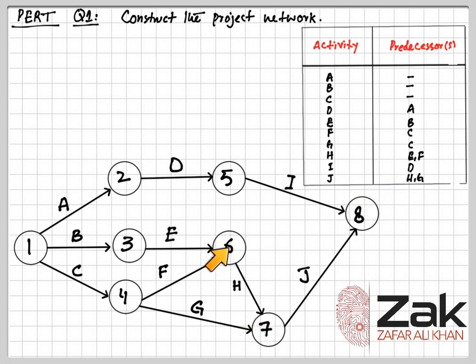So we make this activity start from node 6 and end at node 7. Afterwards we have activity I, which starts after activity D at node 5. Then this would be the last node, which is 8, and since J is the last activity, it will end at the last node and will start once H and G are both finished. So that is how we create the project network diagram.